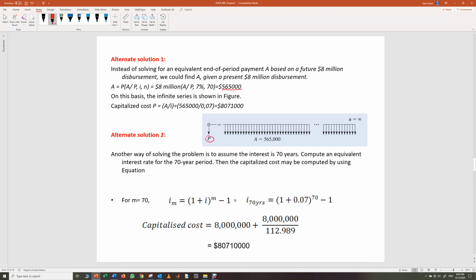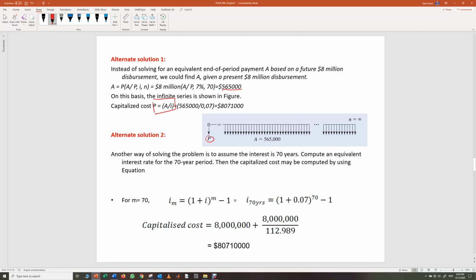So we have 8 million, we get 5,065,000 every year, and at the end we get 8 million. So the capitalized cost is A over i. So it's 8 million 71,000.